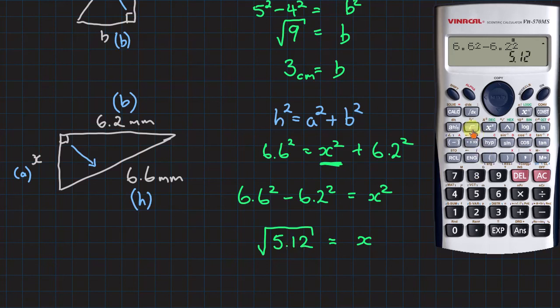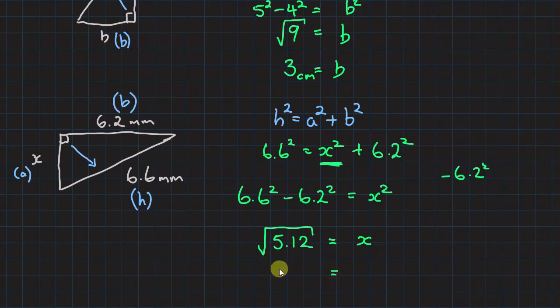I want to square root that, so I want to do the square root of that answer. That gives me 2.26. Because this is in millimetres, 1 decimal place for a millimetre is probably a suitable measurement. So x is 2.3 millimetres long.